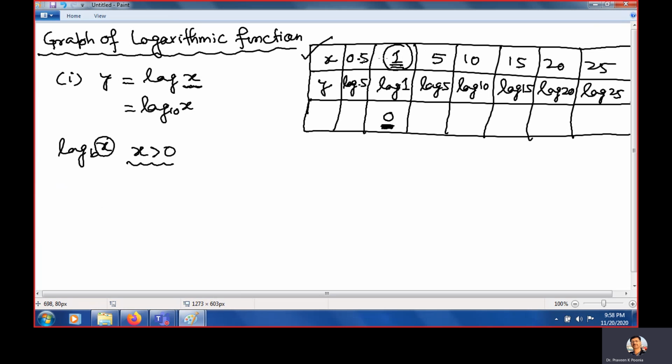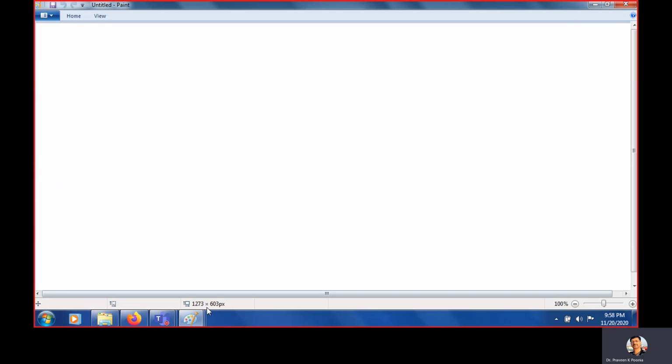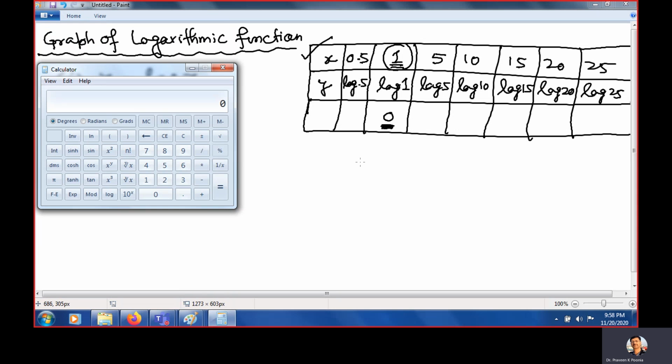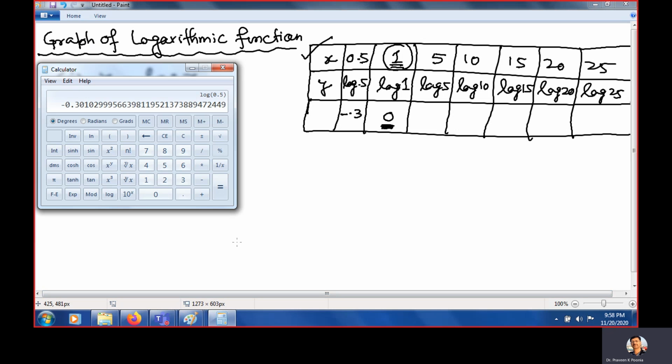One value will be taken less than that. Okay, what we need to do is take a calculator. We take 0.5 and log, so it is minus 0.3. What is log 5?